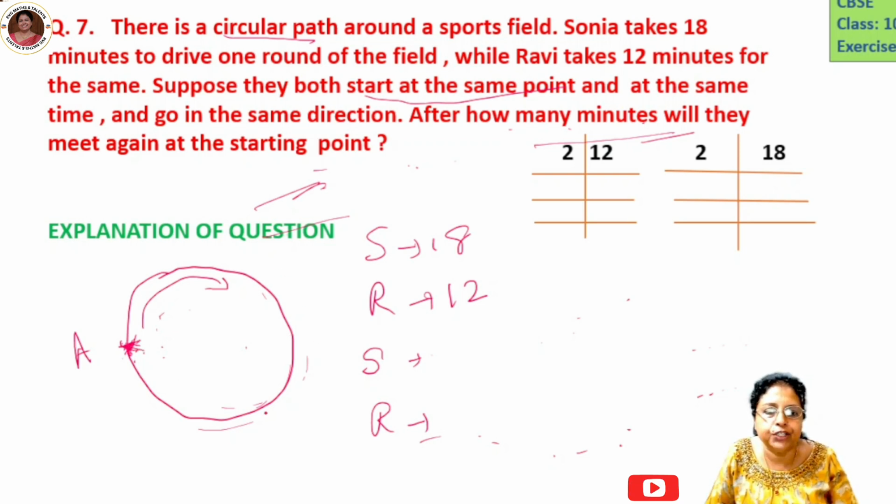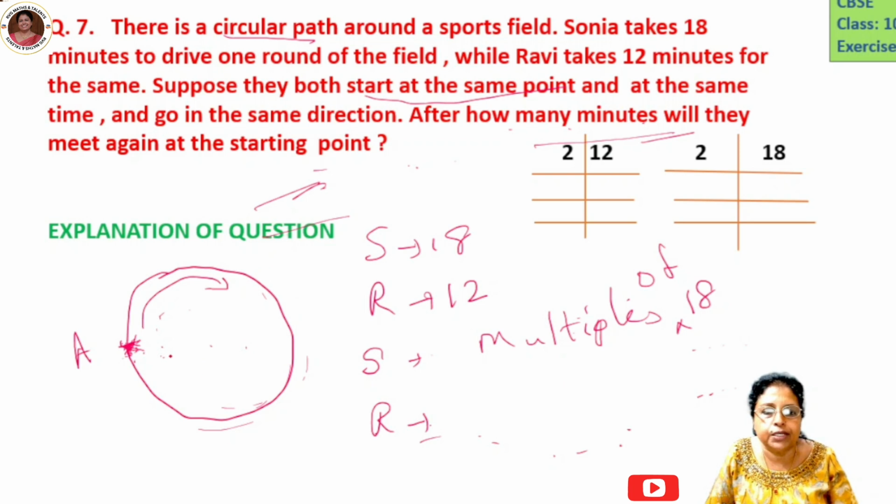After that again she reaches the second time. That means 2 times 18 is the time she required. Then the third time she reaches here after 3 times 18 minutes. That means she reaches at A at multiples of 18.